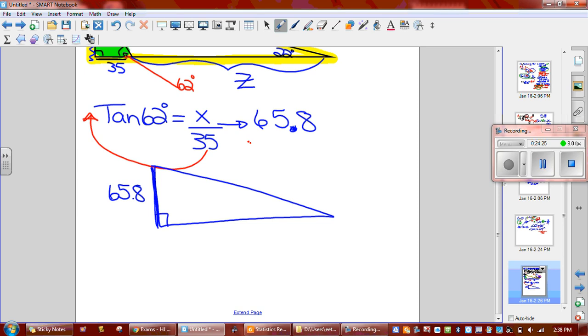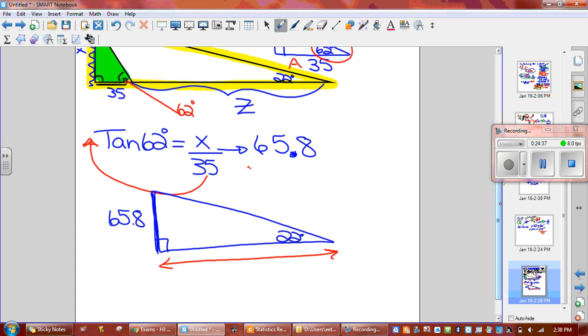Once I find the entire length, I can go back up to my question and subtract this other little piece, 35, and that's going to help me find Z. I'm going to call this Y down here. So in order to find Z in the end, Z is going to be equal to Y, subtract that 35 piece. Ultimately that's what we're trying to find, just a little piece there, Z.